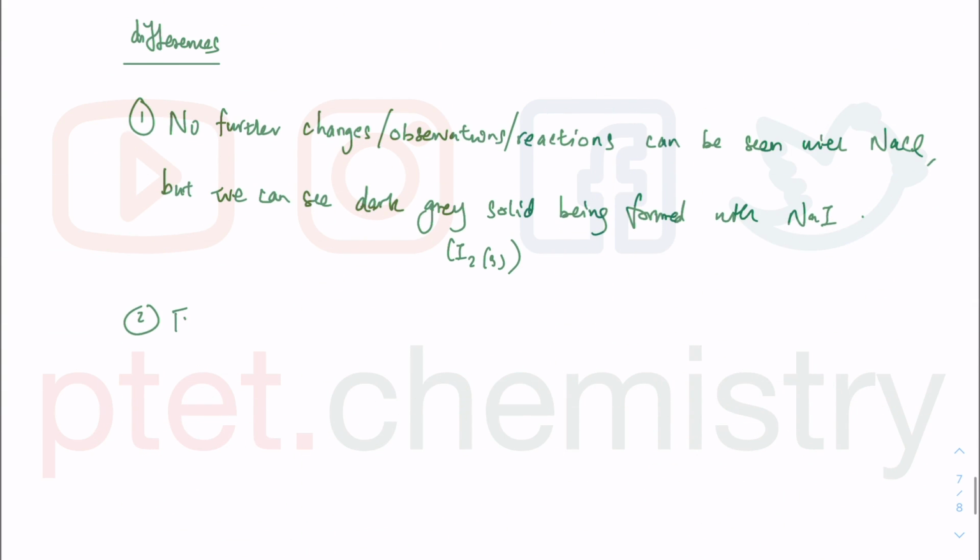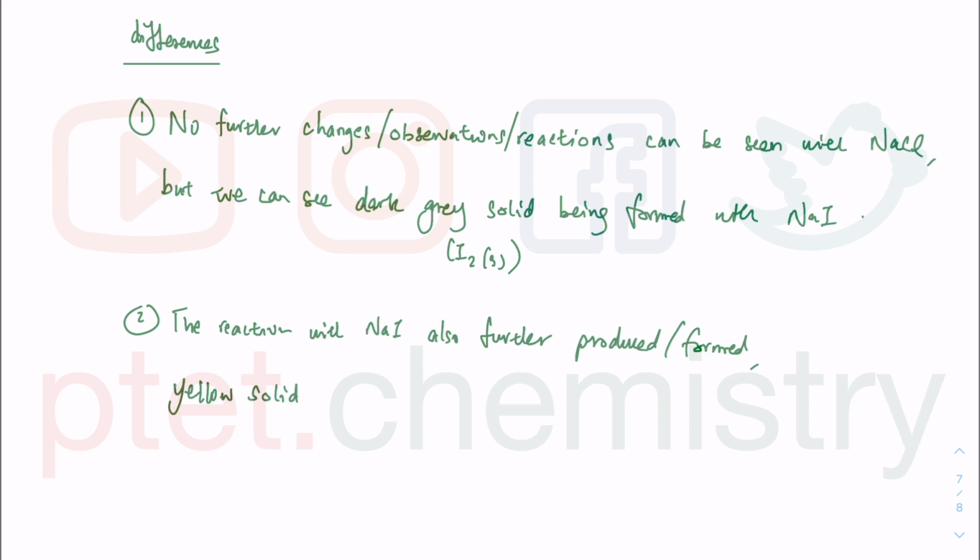Okay, so the reaction with NaI also forms a yellow solid. Observation means you don't know the product yet, but of course you know this is sulfur solid.